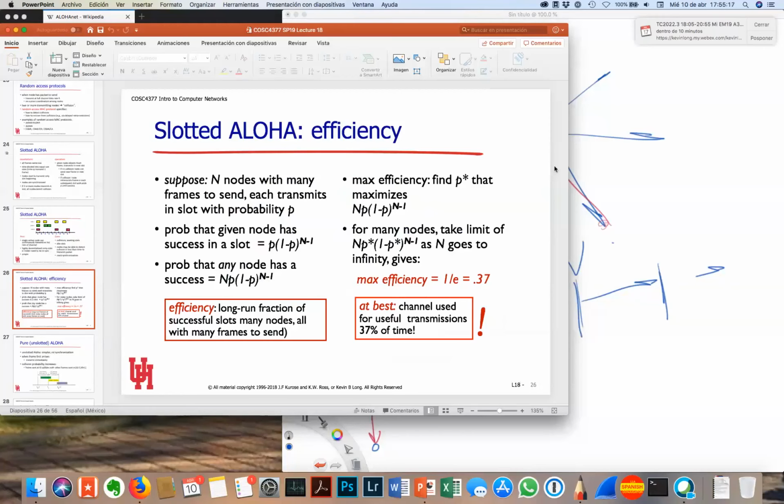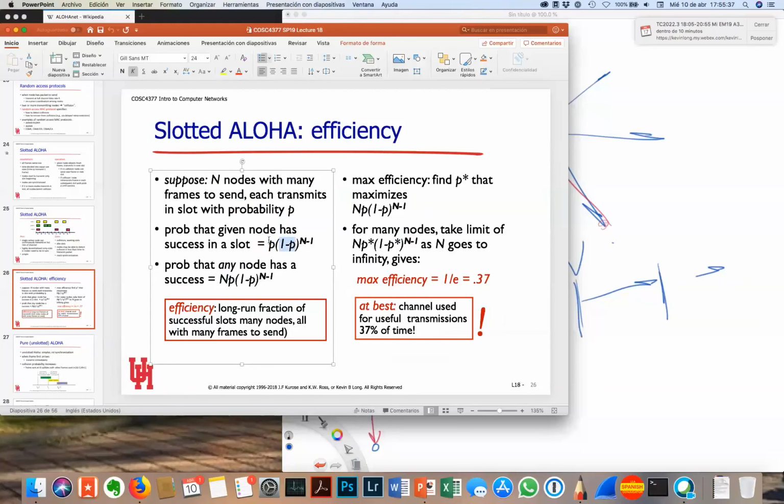And you can go through the probabilities, but if you've got a node that has success in a slot, then if he's got something to send, the probability that he sends it is the transmission that he transmitted during that time and that everyone else did not.